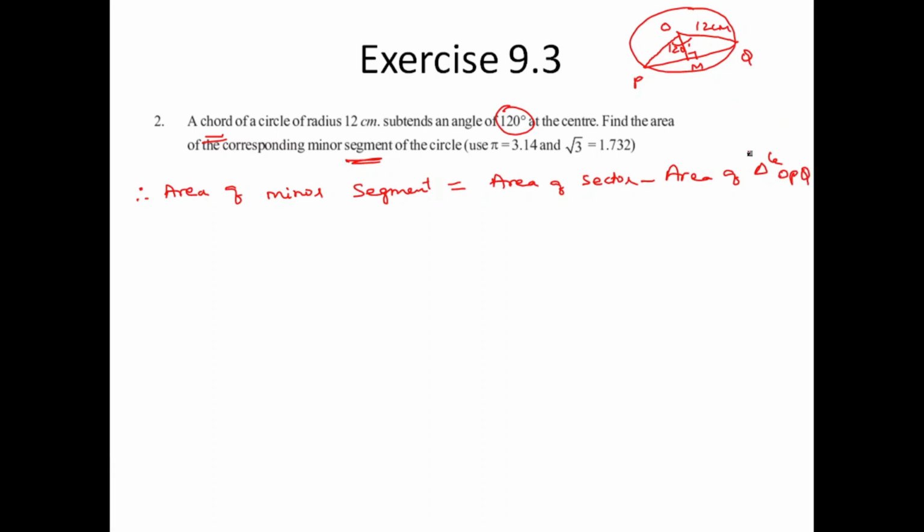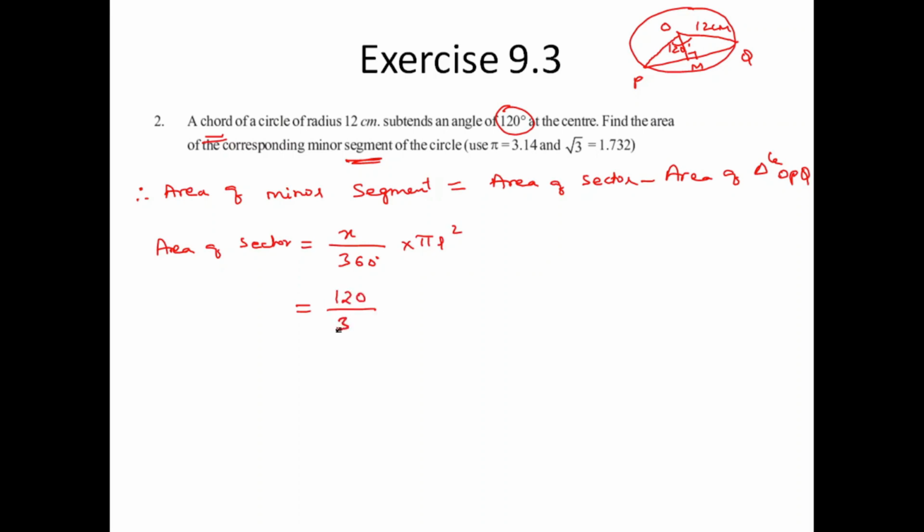So let us find the area of the sector first. The area of the sector is x by 360 into pi r square. The value of x is nothing but 120.